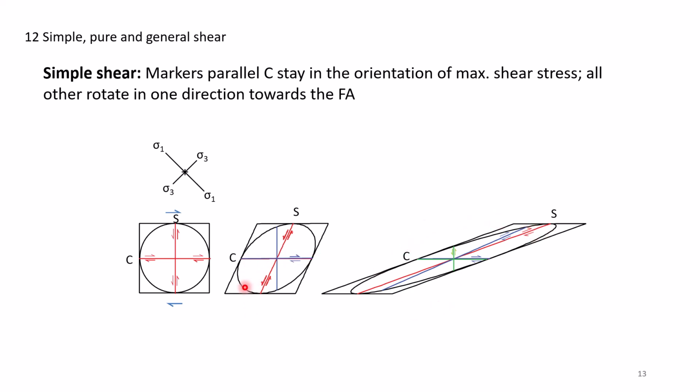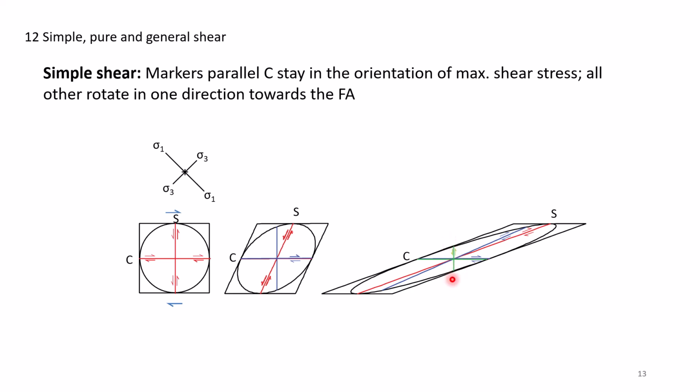Progressive strain will make our reference circle more and more elliptical, and accordingly our strain ellipse is becoming narrower and longer. A third set of micro shear zones is forming, indicated in green color.